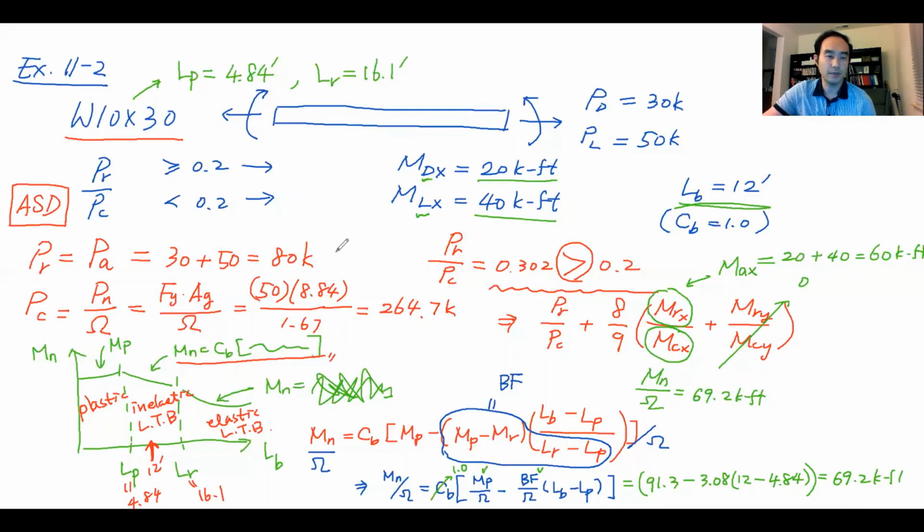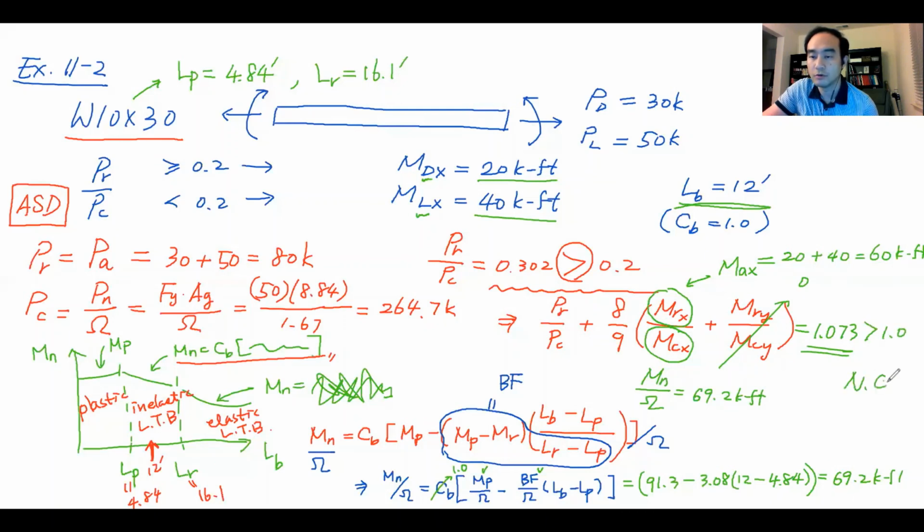So plug in these numbers. P r is going to be 30, P c is 264.7, plus 8/9 of 60 divided by 69.2. So when I substitute all the numbers and calculate it, the final value is 1.073, which is larger than 1.0.